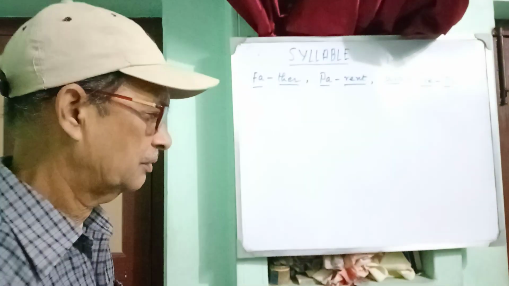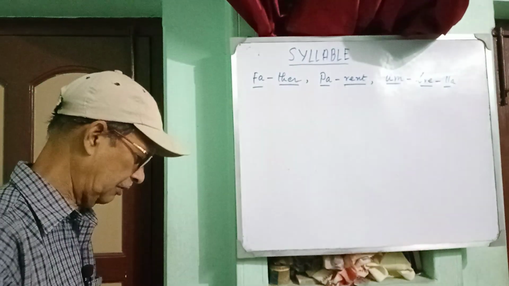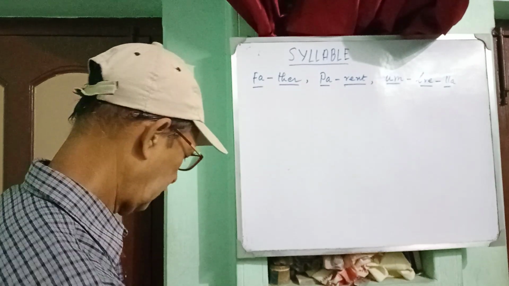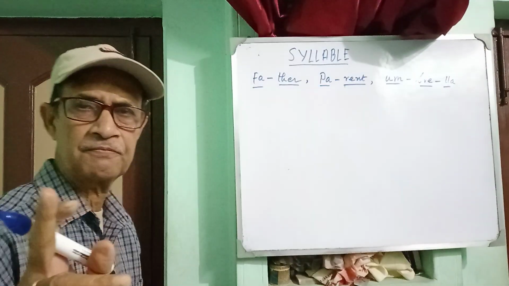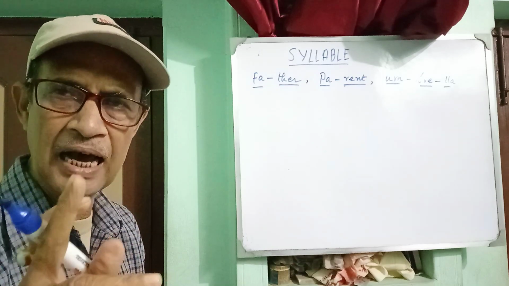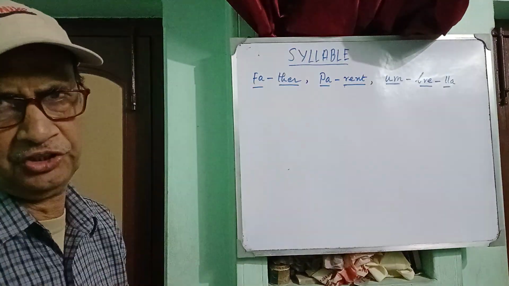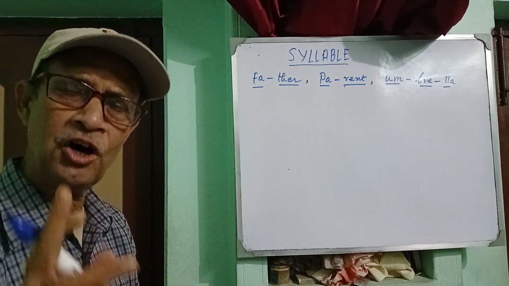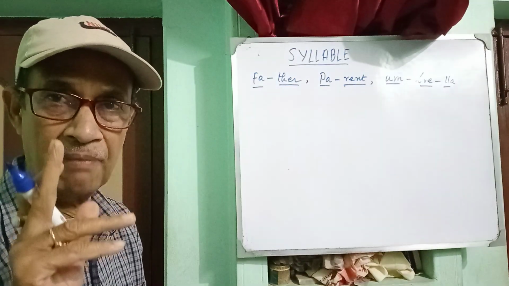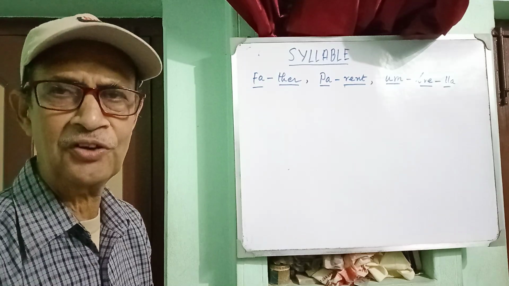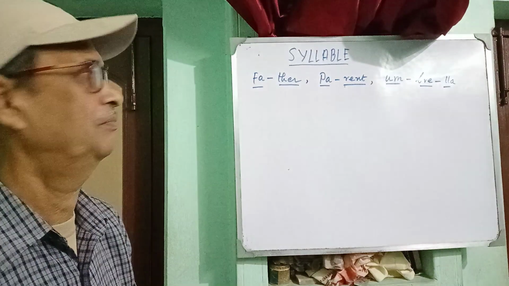For example, I am giving you some examples. If it is a disyllabic word, disyllabic means having two syllables, your accent must be on the first syllable.